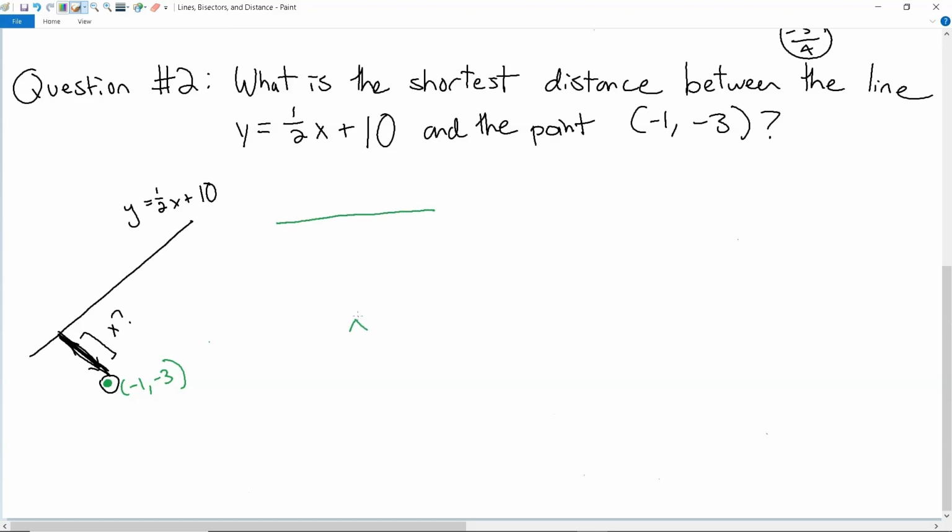Let's say I'm standing in front of a wall, and I'm thinking, what is the shortest distance between me and this wall across from me? I could travel at an angle this way, or maybe this way, but no matter what, the shortest distance is always going to be perpendicular to the wall.